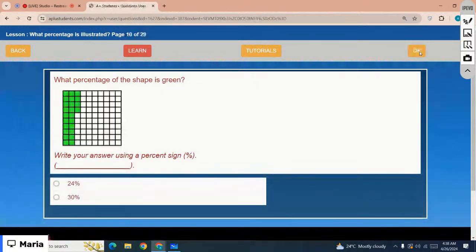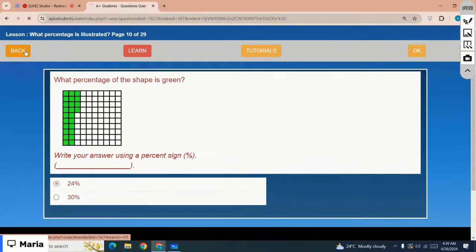What percent of the shape is green? 24% it is, right? Okay, you can complete the lesson by yourself later today.